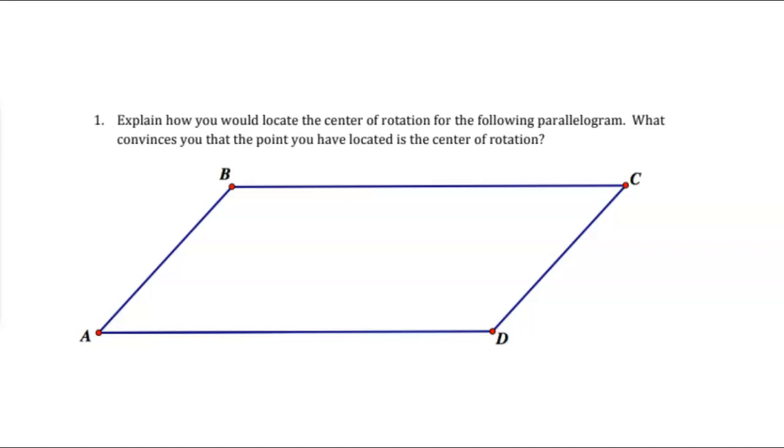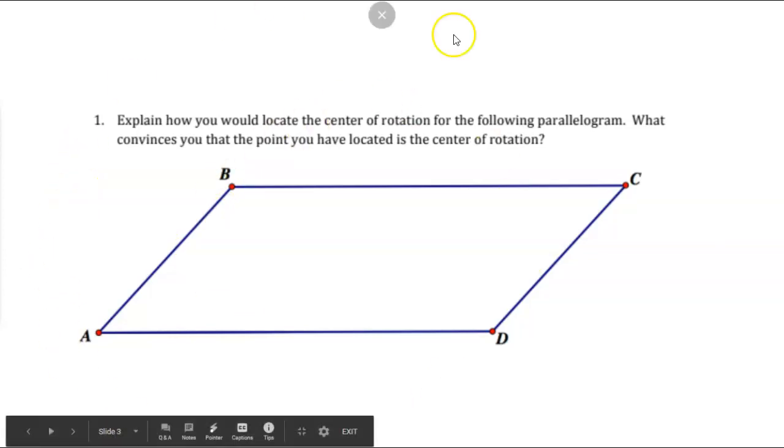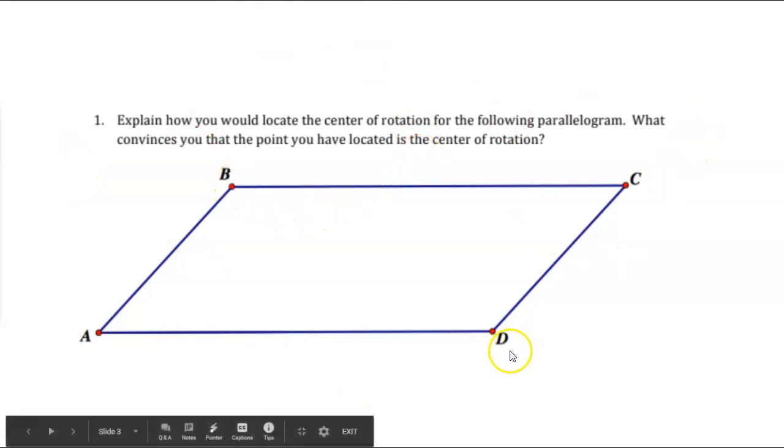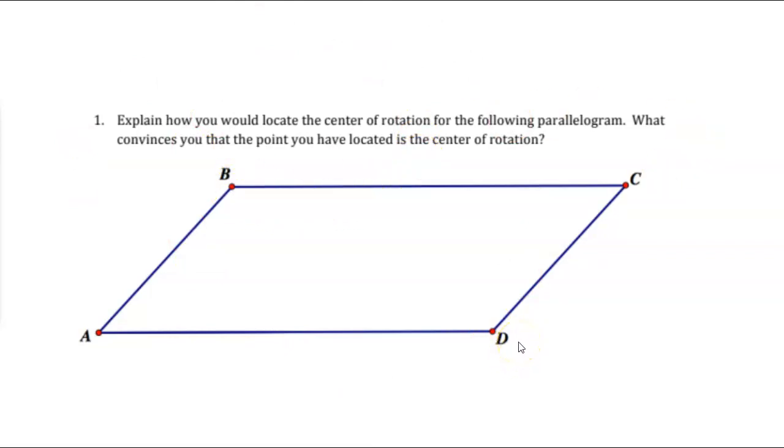less than 360 degrees. So we are looking for the point where we can rotate this parallelogram and actually have the corners line up. You may recall when we did this in Math 2, some shapes have line symmetry, some shapes have rotational symmetry, some shapes have both, and parallelograms were one of them that we figured out did not have line symmetry, but they did have rotational symmetry.